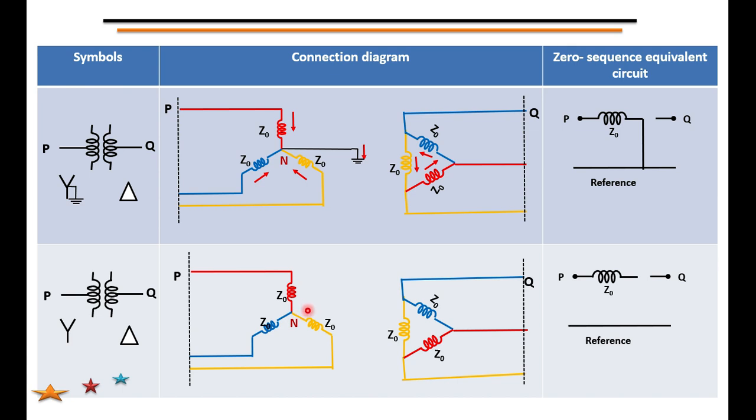There is no existence of current. Therefore, you have to show a break here, so that there is no current. It is simply represented by Z0 and the break. This link is there only when it is grounded. Okay. This is for the star delta, that is, the star is ungrounded.